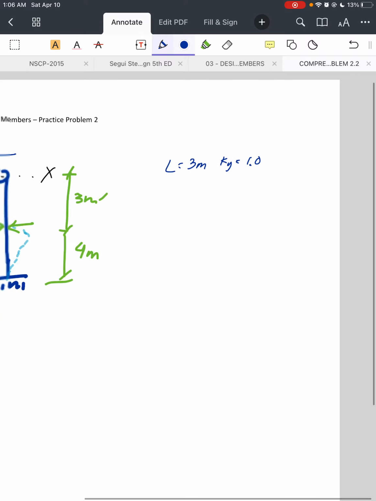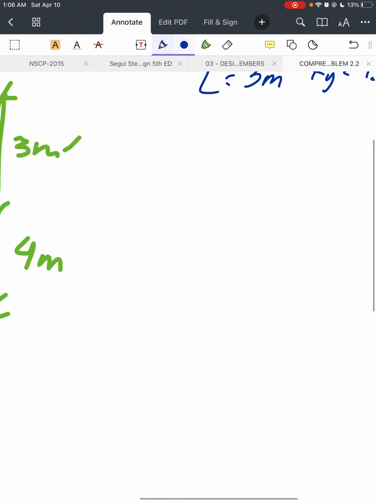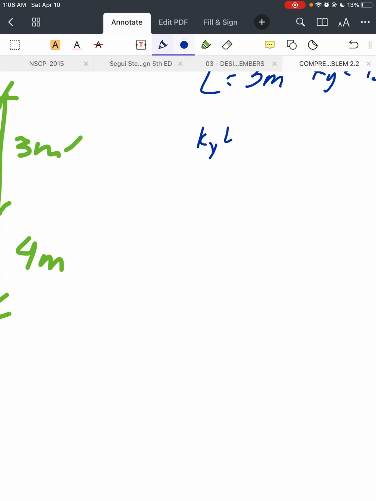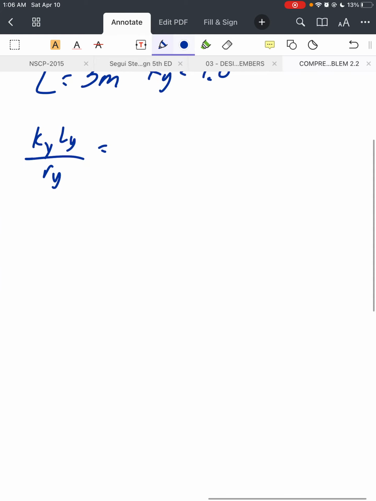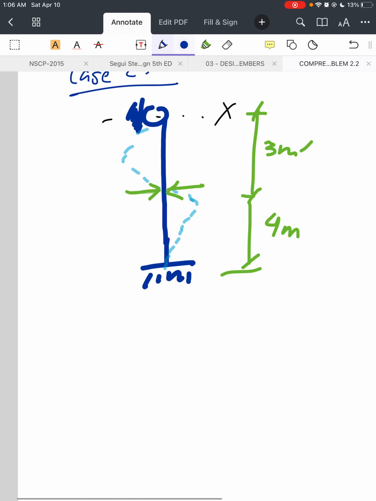Okay. Now, so for your slenderness ratio, your KY times LY over RY, so that should be 1 times 3,000 over your RY.